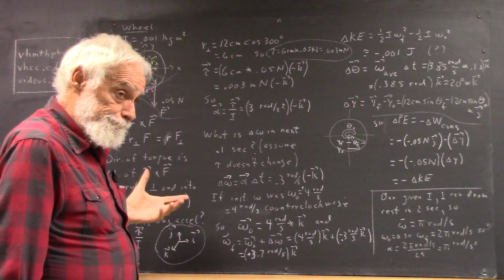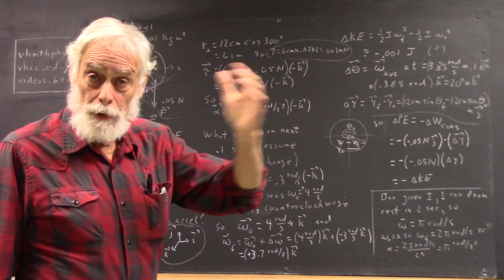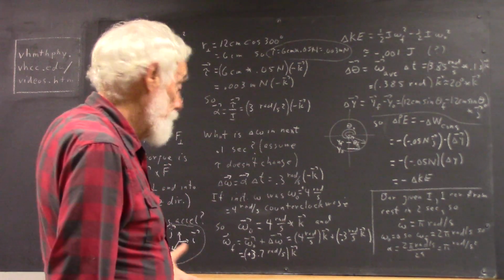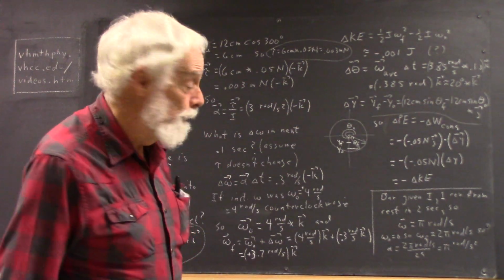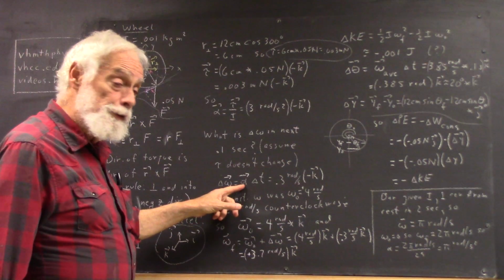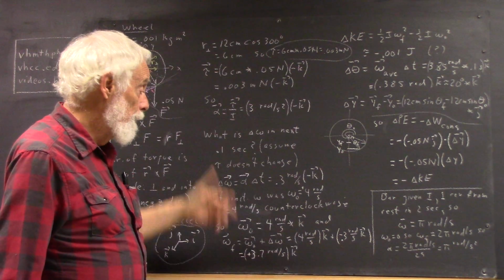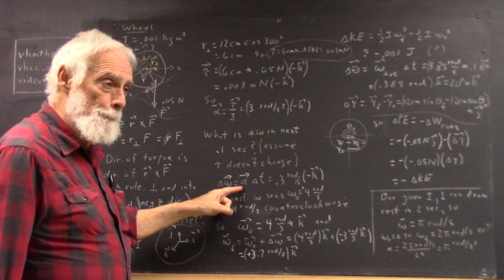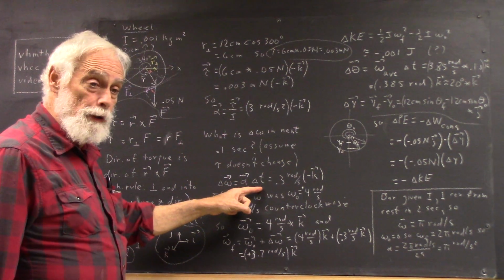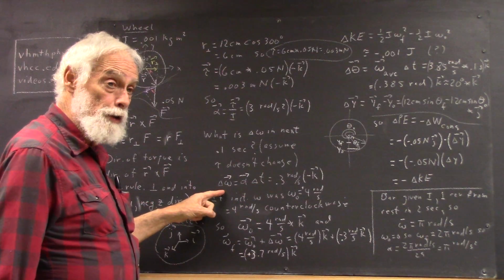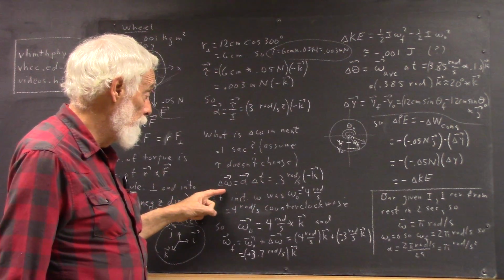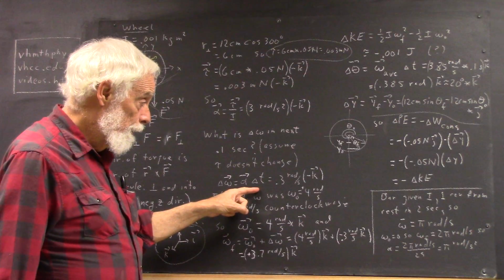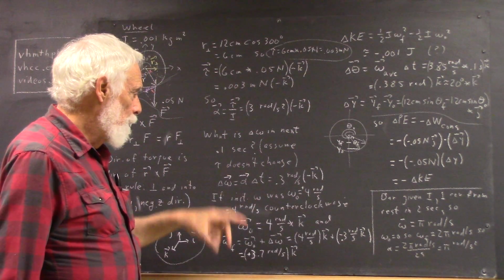Well then, how do you get a change in velocity? You multiply acceleration by a time interval. That's the definition of acceleration. So assuming that you have a constant acceleration, which results from your constant torque, which isn't really the case, but we're pretending it is, we multiply the angular acceleration by delta t, and that's going to give you the change in the angular velocity. So your delta omega is going to be alpha delta t, and that's a straightforward calculation.